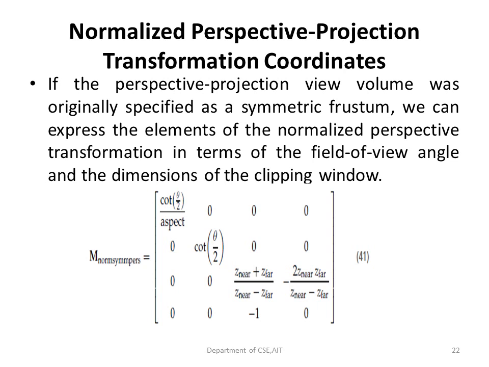With the projection reference point at the origin and the view plane at the position of the near clipping plane, we can get the matrix M normalized symmetrical perspective in terms of theta, z near and z far. So it also depends upon the aspect ratio of the window.